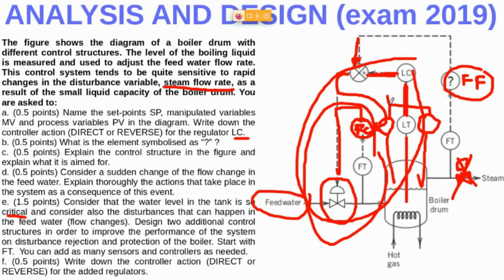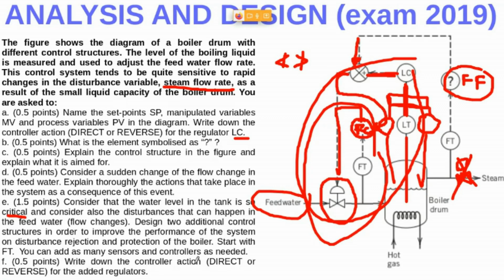So here I will put a selector, and the selection criterion will be not the lowest nor the highest, in order to take the value in the middle. So if only one of these level transmitters fails, I can take the value in the middle that for sure is right.